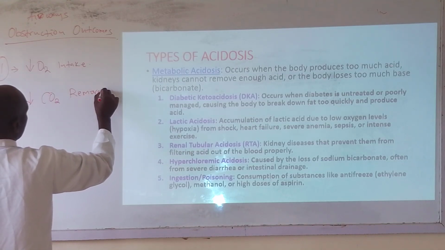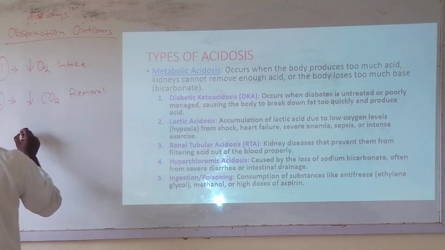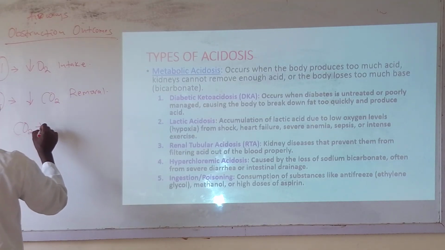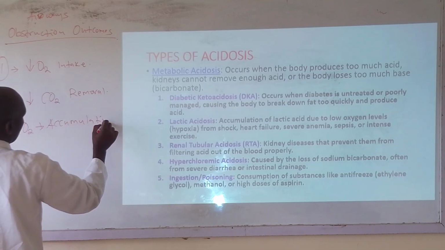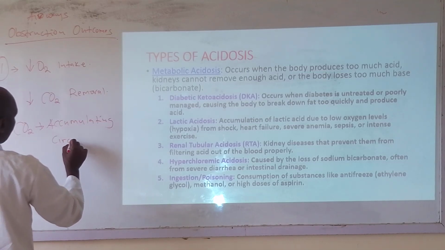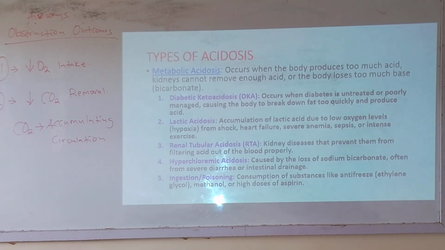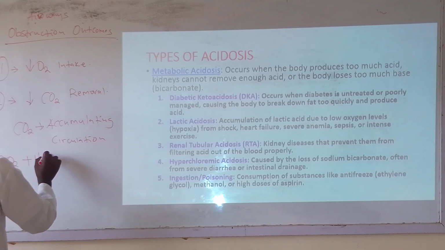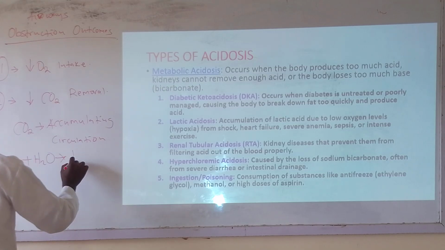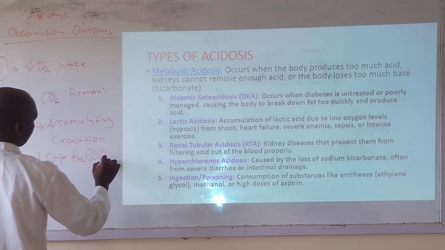So if there is reduced CO2 removal, then it means your CO2 is accumulating in the circulation. When your CO2 accumulates in the circulation, it will just dissolve in water to give you the weak carbonic acid.